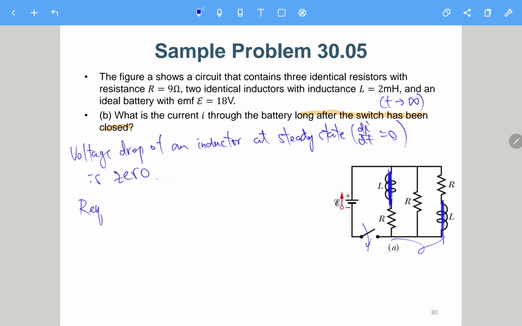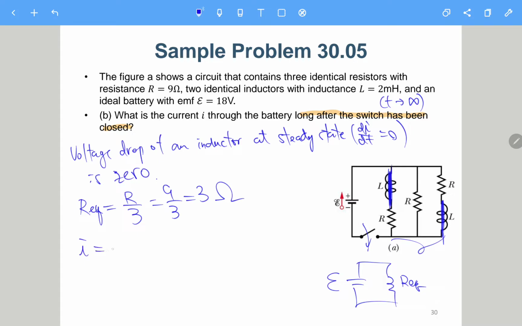So R equivalent is nothing but R over 3, which is 9 over 3 equals 3 ohm. Okay, so in this case, for the current going through the battery, you can see this is E, this is R equivalent. So here the current I is E over R equivalent, which is 18 over 3, which is 6A.